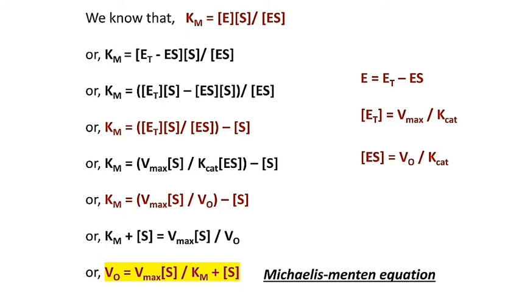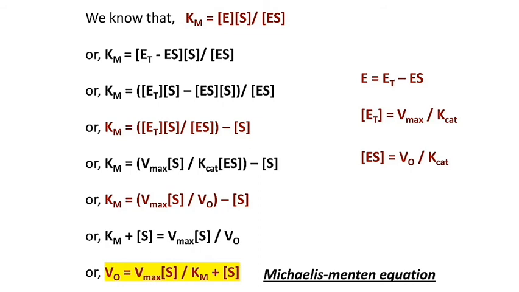After equating them out, we will get Km equals Et into S by ES, whole minus S. Now if we substitute the value of Et, that is Et equals Vmax by Kcat, then we will get Km equals Vmax into S by Kcat into ES, whole minus S.